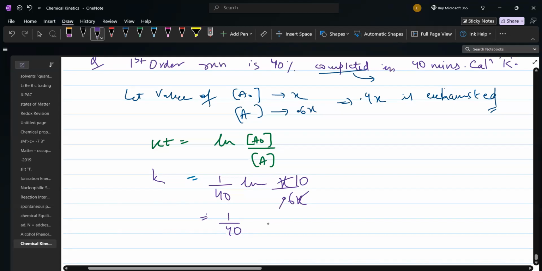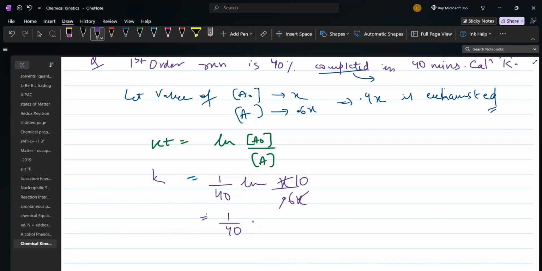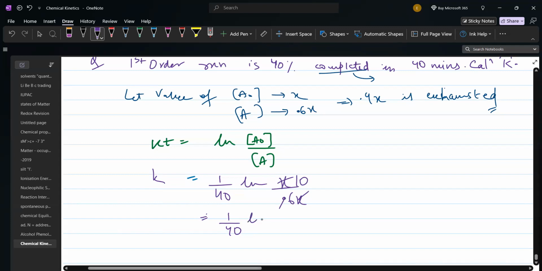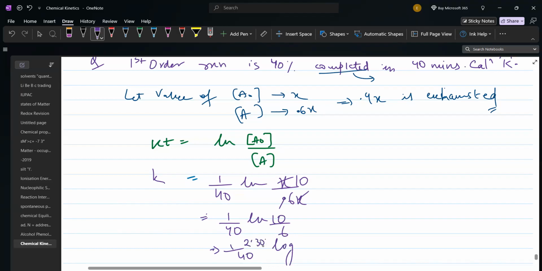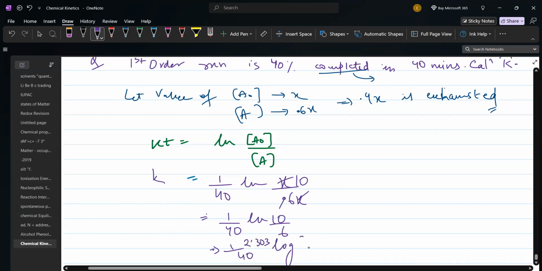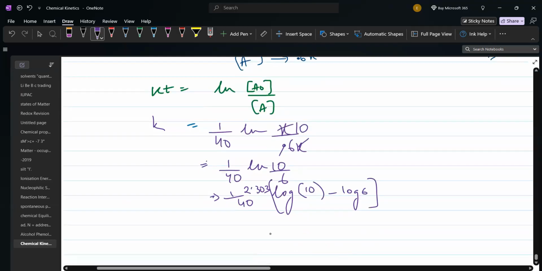So ln 10/6. Now K into 40 is equal to 2.303 into log of 10 minus, whole bracket, log of 6. Okay, yes or no?